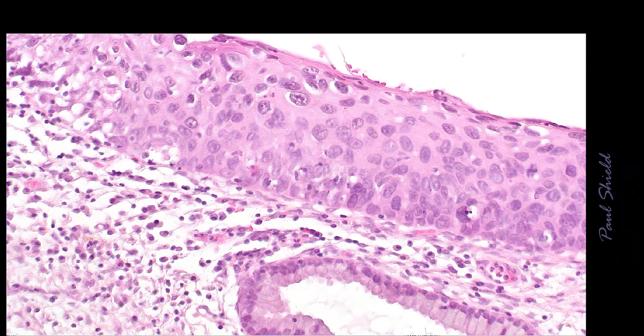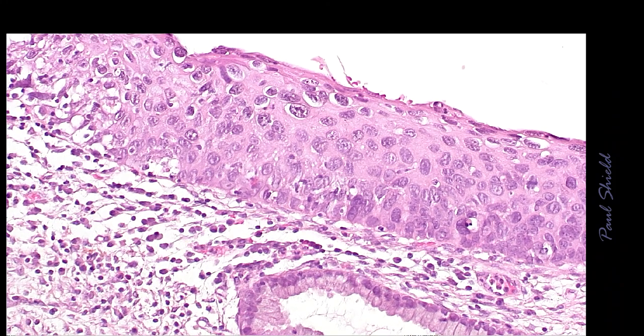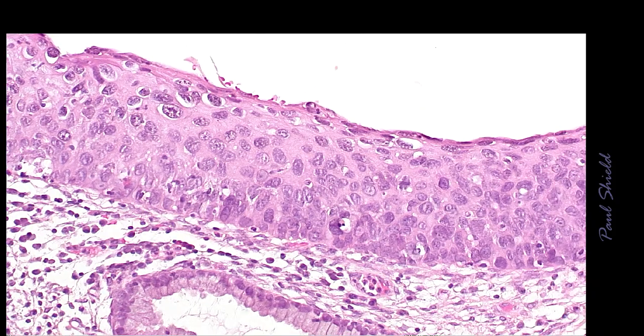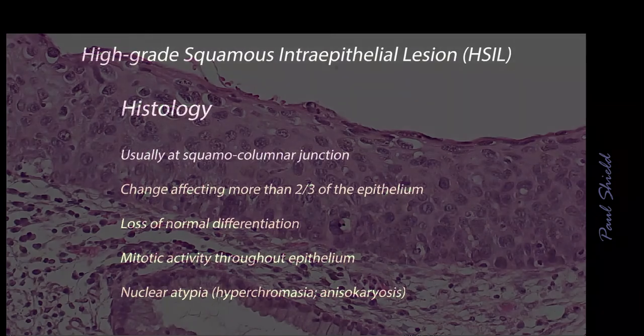And you can see there's really quite a lot of variation in nuclear size and shape in the epithelium. So if you compare, say, this nuclei with this one, there's quite a lot of variation. And notice only along that very top bit is there any differentiation, so flattening out of the cells.